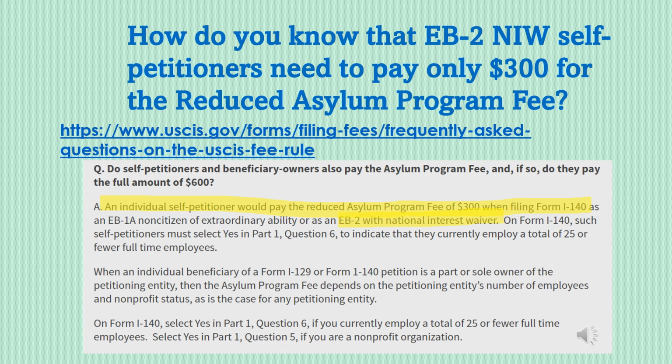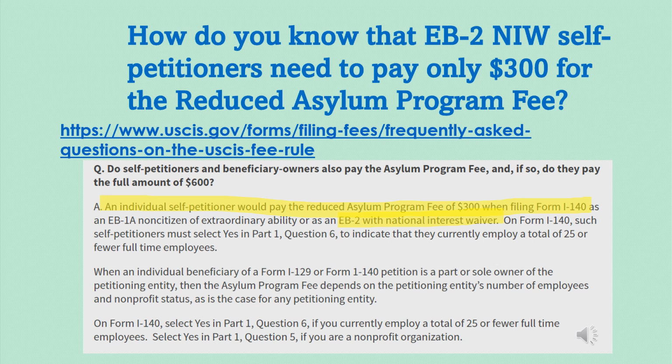If you're wondering where I got that information, that you pay the reduced asylum program fee of $300, I've provided the link there from the USCIS website. On that page is a bunch of frequently asked questions, and you can see where I've highlighted that an individual self-petitioner would pay the reduced asylum program fee.